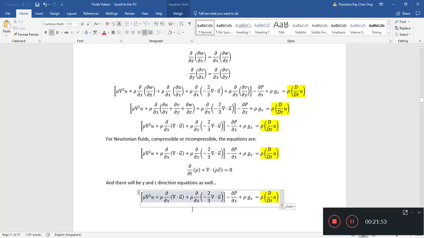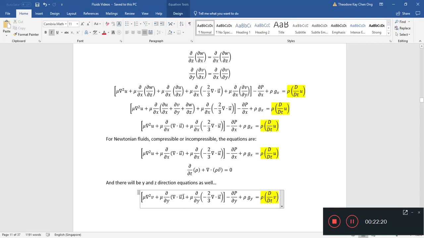So, in the y direction, this will be what it looks like. You just change it to v. Change to the partial by partial y. Oopsie, that should be y. So this will be del p del y, and this will be gy, and of course, this will be v.